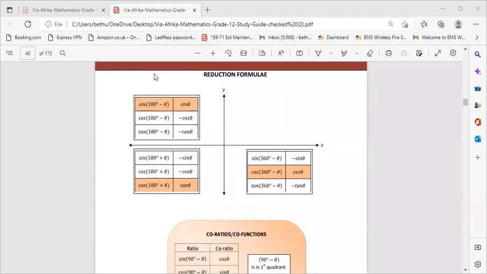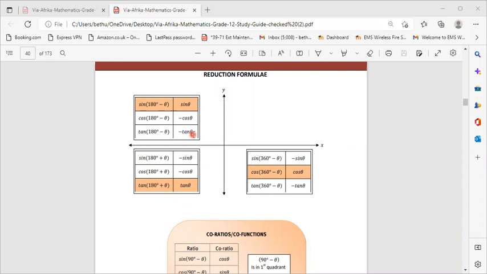Now I will be taking you through the reduction formulas. So in the second quadrant, say for example, you're given sine 180 degrees minus theta. If you apply the reduction formula, you will get sine theta.